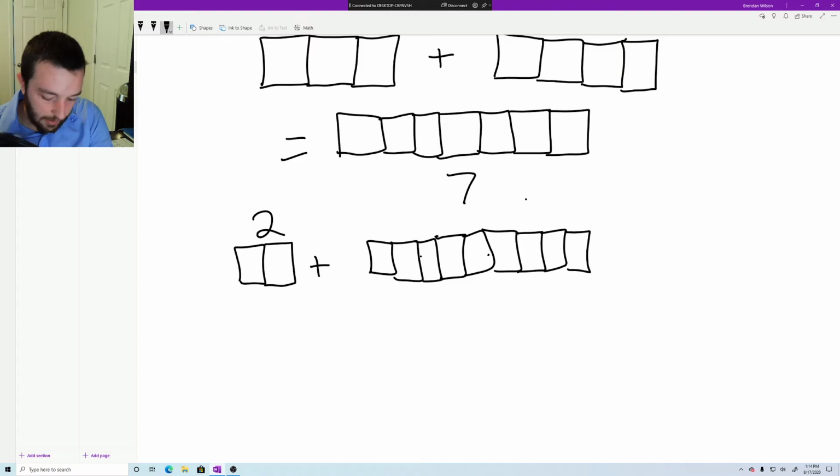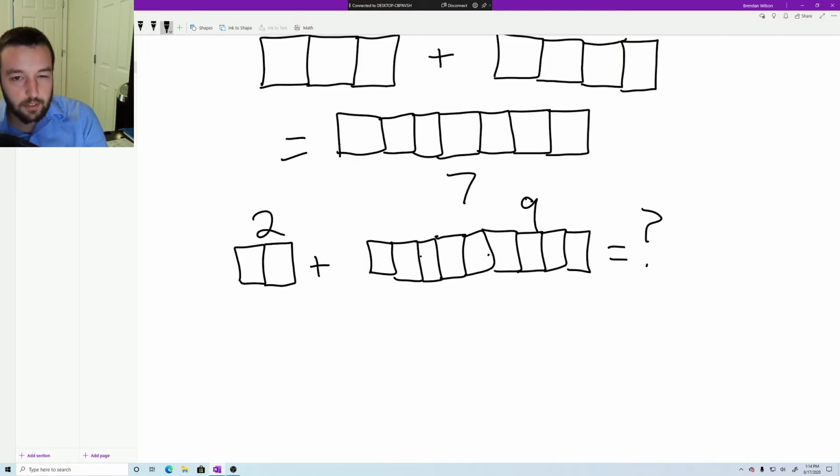So 2 plus 9, how many is that? Well, I don't even really need to draw the other picture where I put them together. I can just go through and count, like 1, 2, 3, 4, 5, 6, 7, 8, 9, 10, 11. So we're just counting the total.